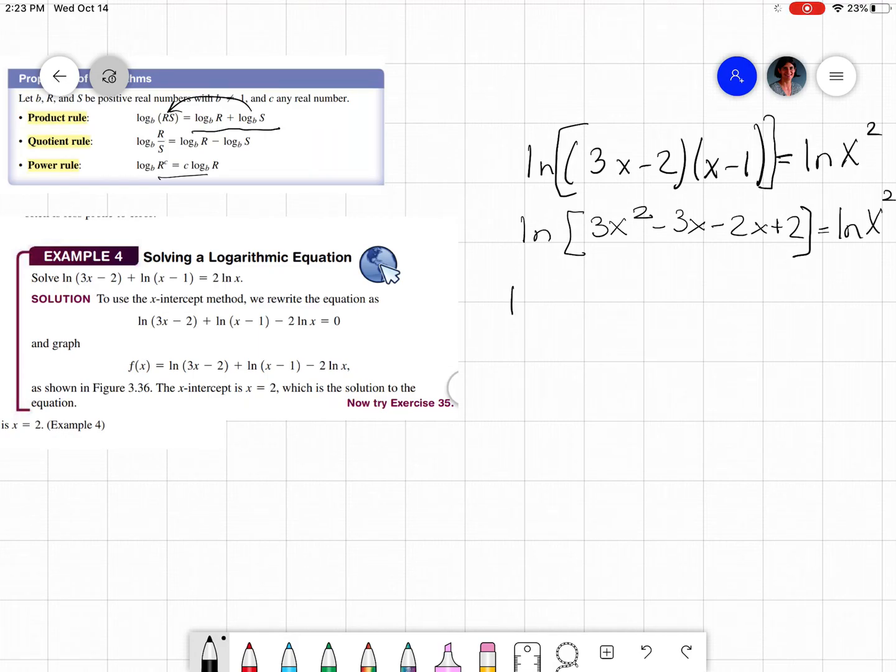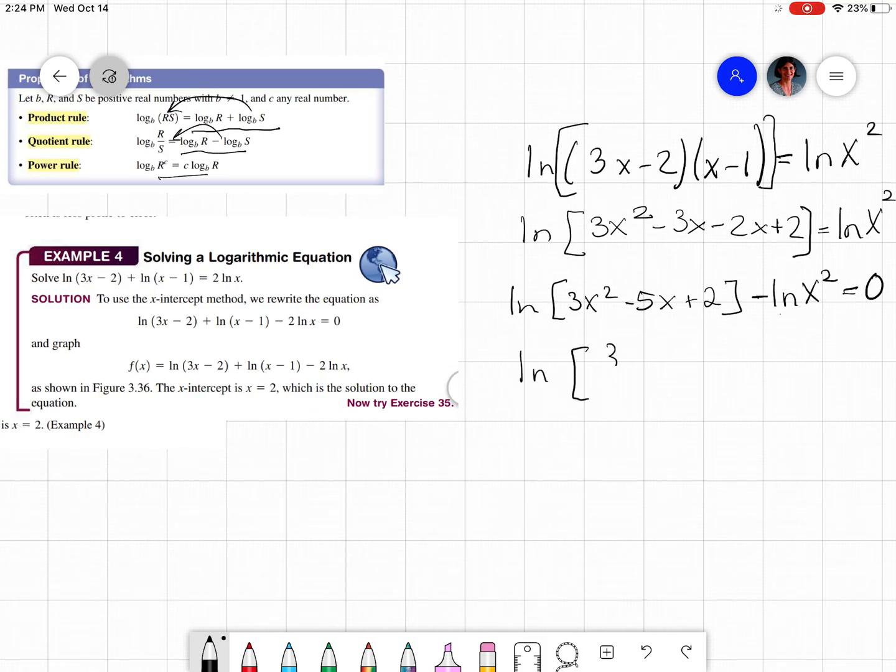And now I'm going to say, well, let's just set the whole equation equal to 0. So I got 3x squared, this is going to become minus 5x plus 2, and I'm going to subtract the ln of x squared. And I'm going to set this whole thing equal to 0. And now I can use the quotient rule, right? Because these are the same base, so this subtraction becomes division.